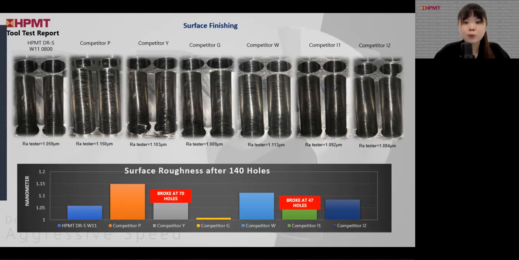So in terms of the surface finish, we are using an RF tester to measure the surface roughness. DRS has a surface roughness of around 1.059 micrometers. If we compare this value to the others, our surface roughness is actually still ranked second.